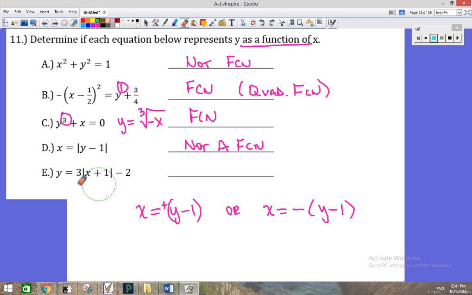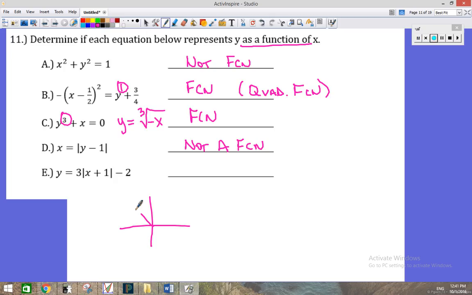Normally, when you have the absolute value of x as the parent function, it looks like a V, with a vertex sitting at the origin.